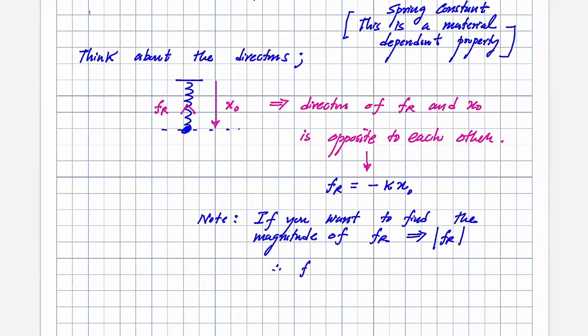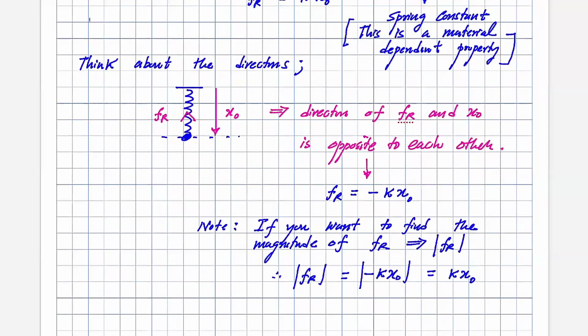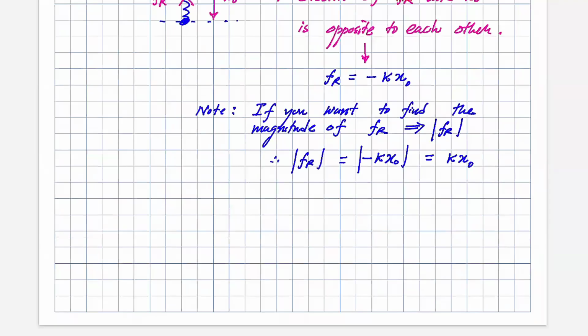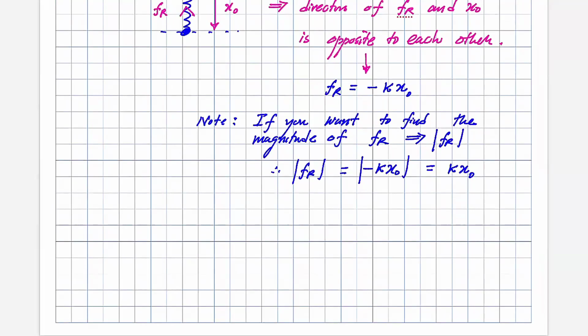So FR mod is equal to minus k x0 mod. Then when you have that, minus is ignored. Answer is k x0. So mod means the value only. So this relation F is equal to minus kx is called Hooke's law.